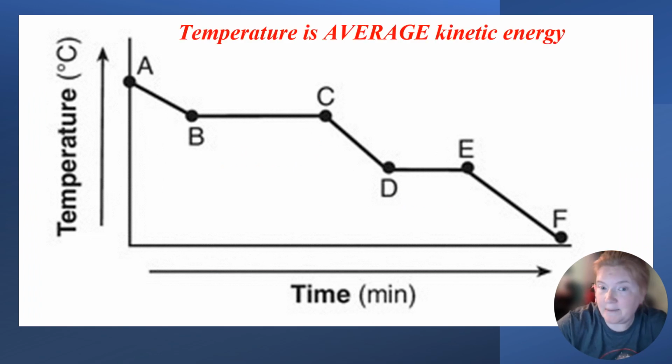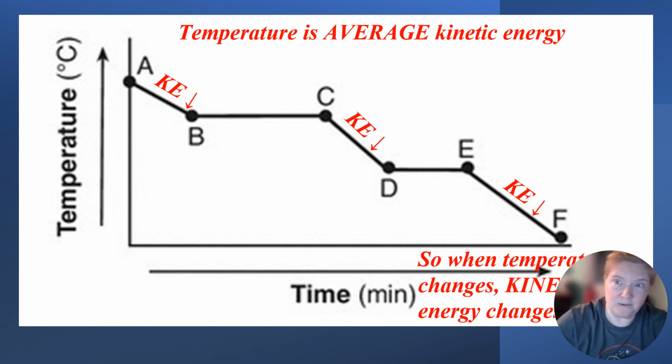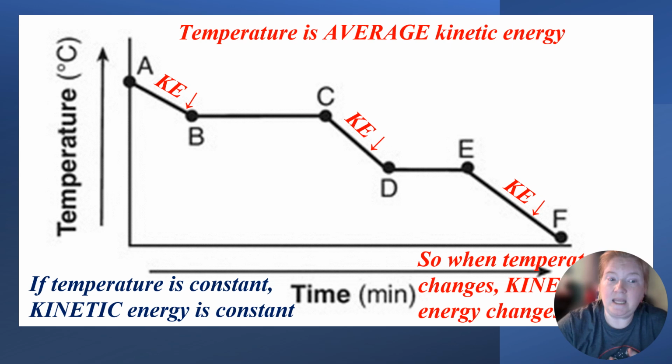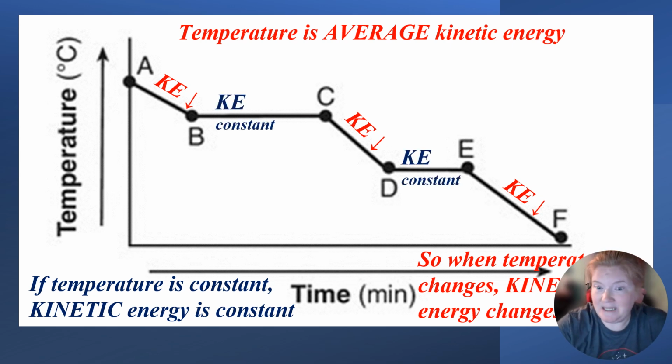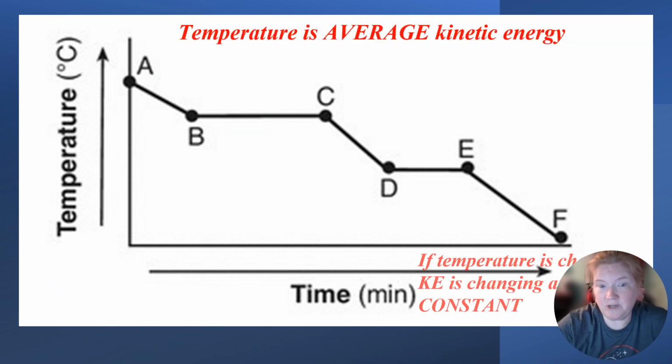And again, temperature is average kinetic energy, so when temperature is changing, kinetic changes. Now this time, because it's a cooling curve, wherever the temperature is changing, the kinetic energy goes down. And then if the temperature is constant, the kinetic is constant. So that would be in those two spaces. Same idea for potential energy, right?